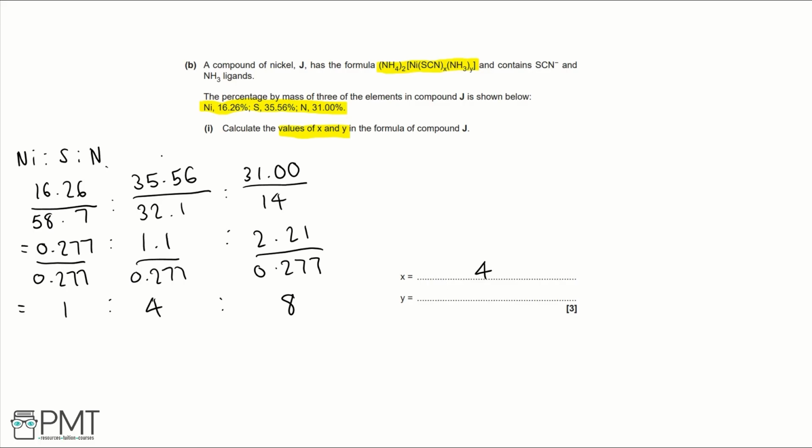But then for Y, we know that we've got 2 nitrogens in this NH4 in brackets 2. So there's 2 nitrogens here. There's however many X's nitrogens, and then you've got Y here. And all of these added together will equal 8. So 2 plus X plus Y is equal to 8.